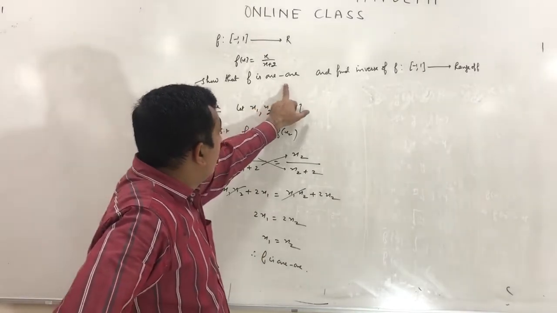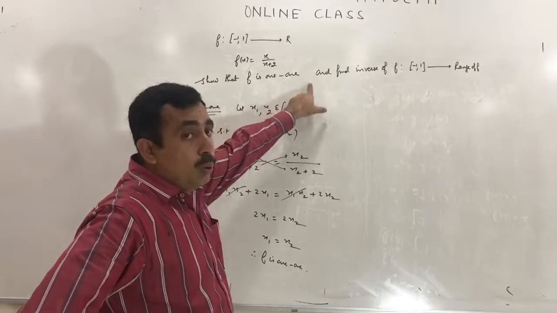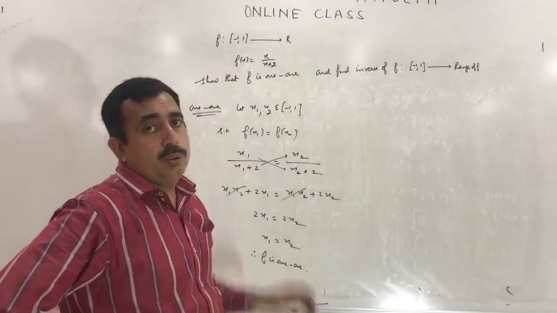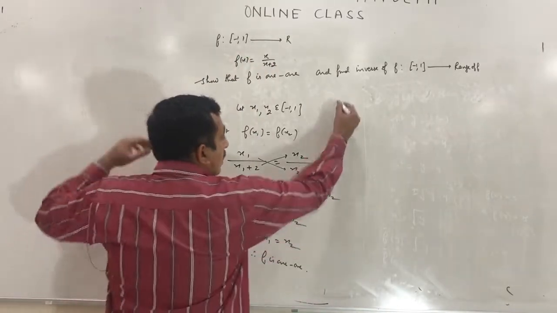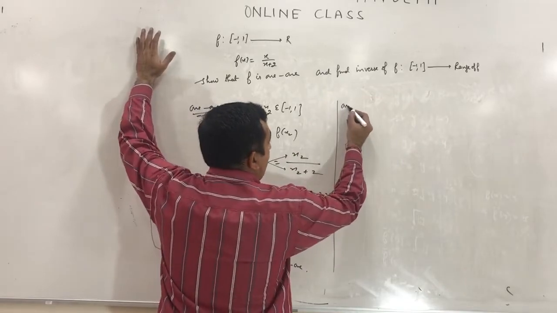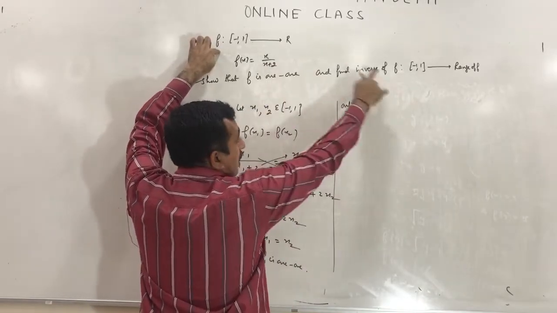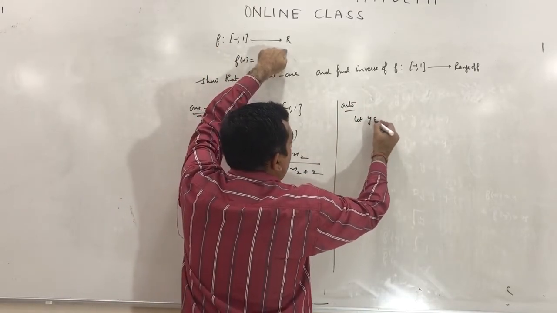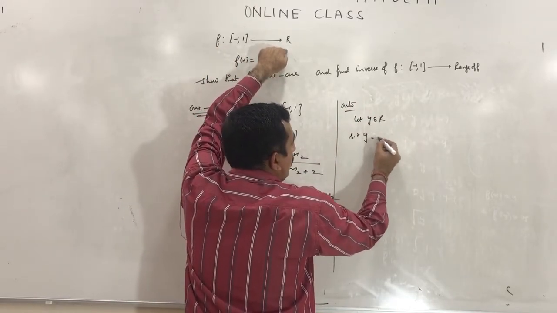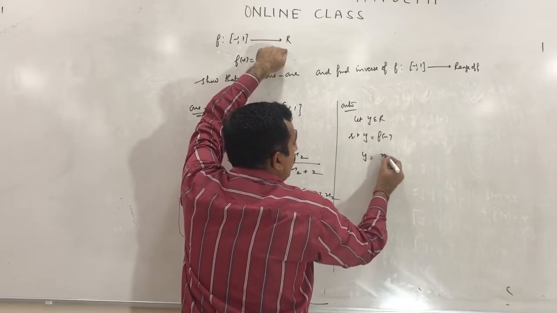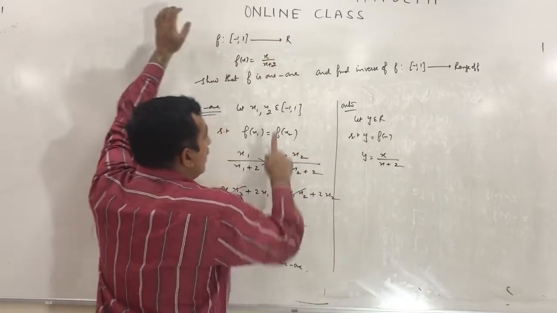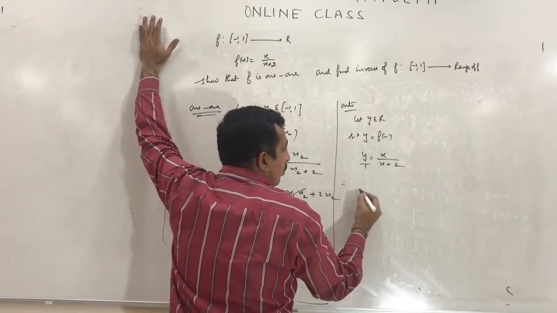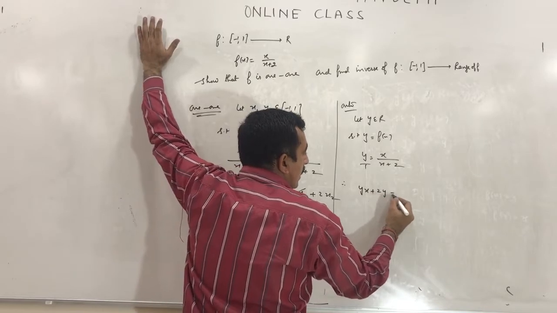Now after this, he has not written about onto, because when we start this function for onto, it is not onto. Why? See, for onto, let y belong to R such that y equals this expression. You have to find the value of x. When we cross multiply, we get yx + 2y equal to x.